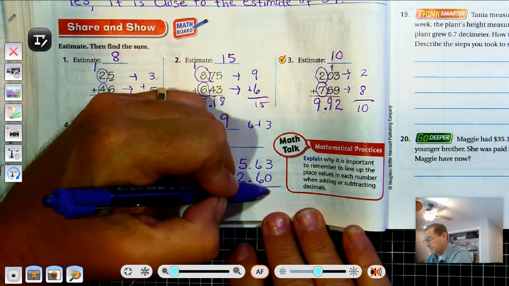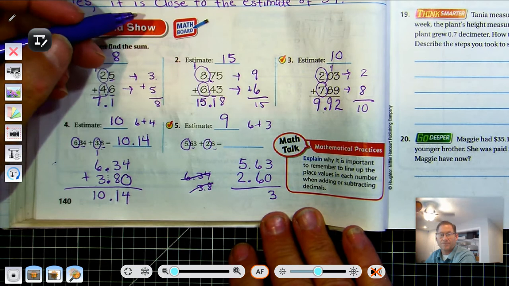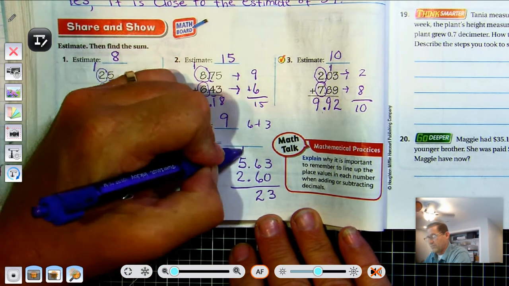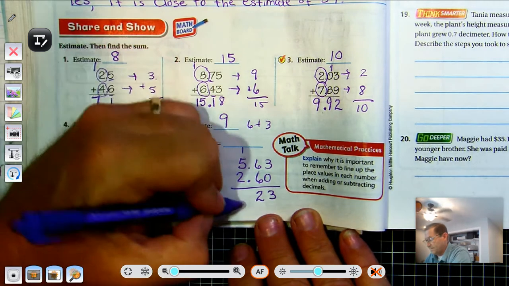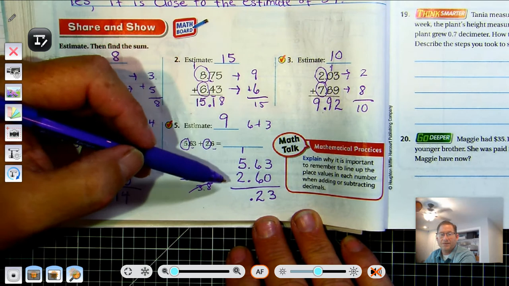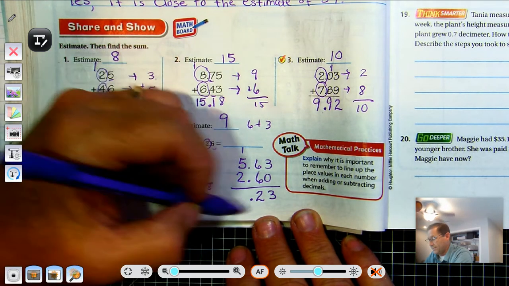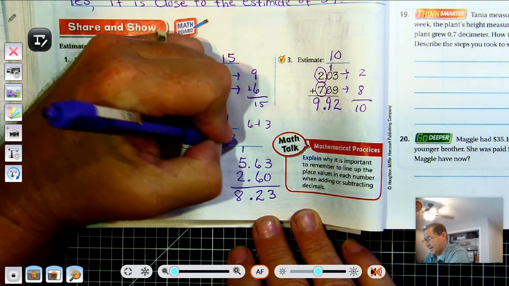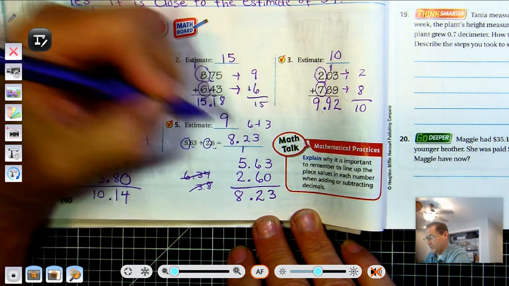All right, 3 hundredths plus no hundredths is 3 hundredths. 6 tenths plus 6 tenths is 12 tenths. Regroup that as 1 one and 2 tenths. We're now going to move to the ones and add the 5 and the 2 ones plus the regrouped 1. 7 and 1 more, 8. 8 and 23 hundredths.